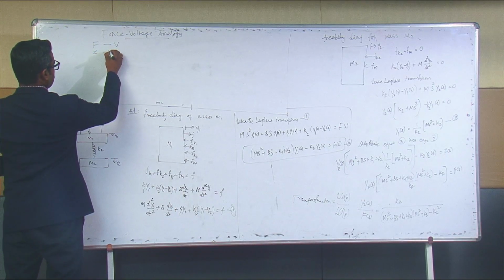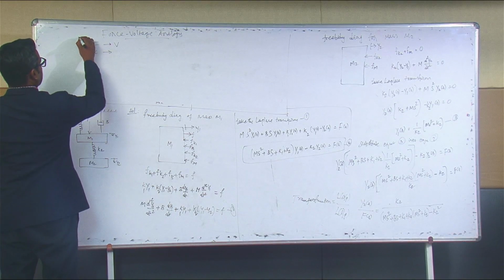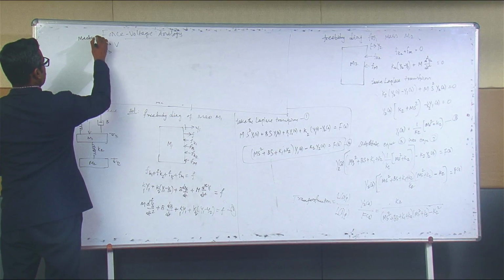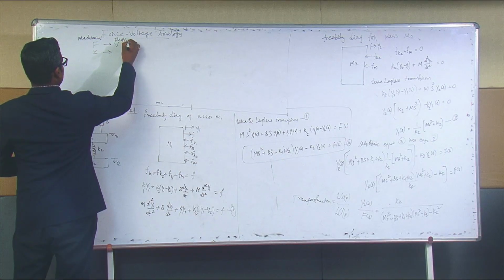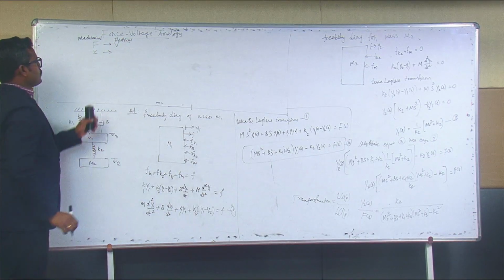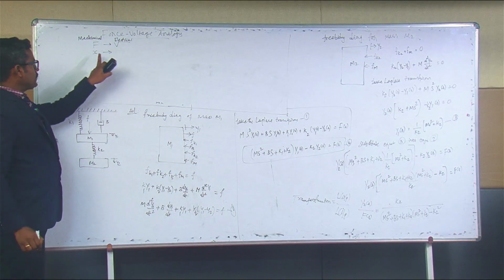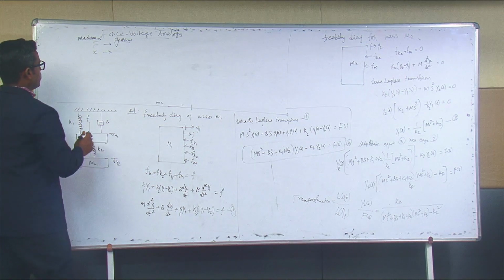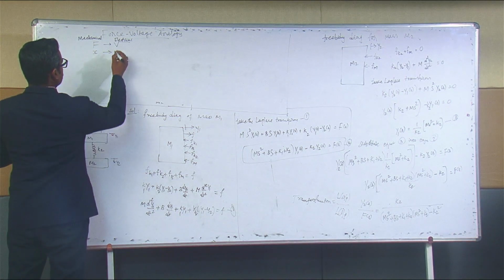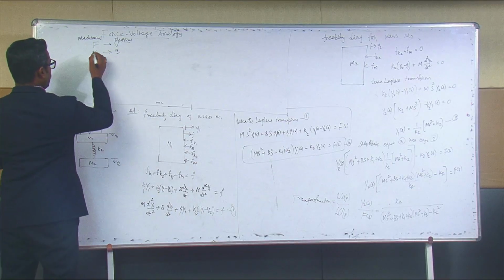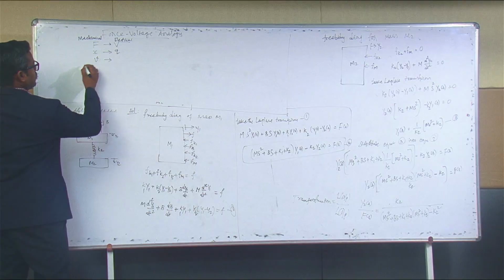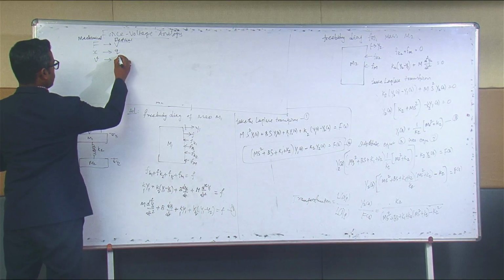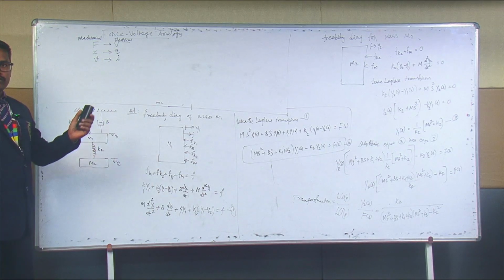Displacement is a mechanical parameter, and this is an electrical parameter. The force is equivalent to voltage, the displacement is equivalent to charge, and dx by dt, which is the velocity, is nothing but current, the rate of change of charge.